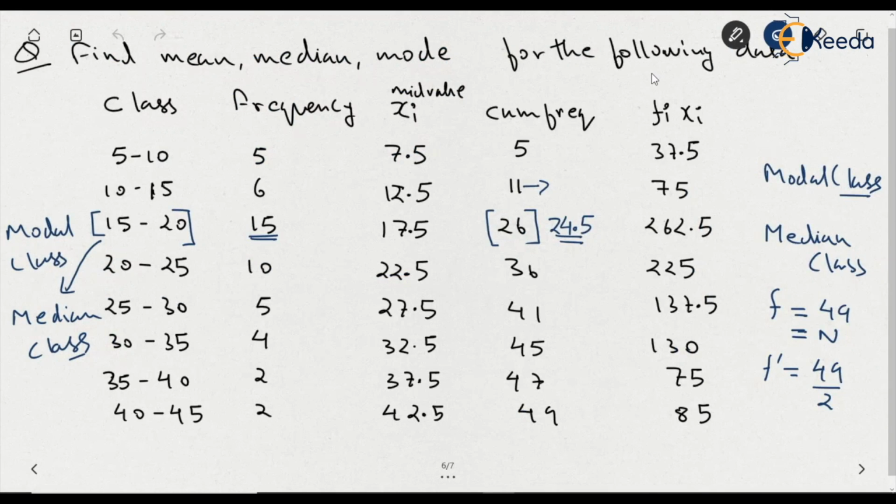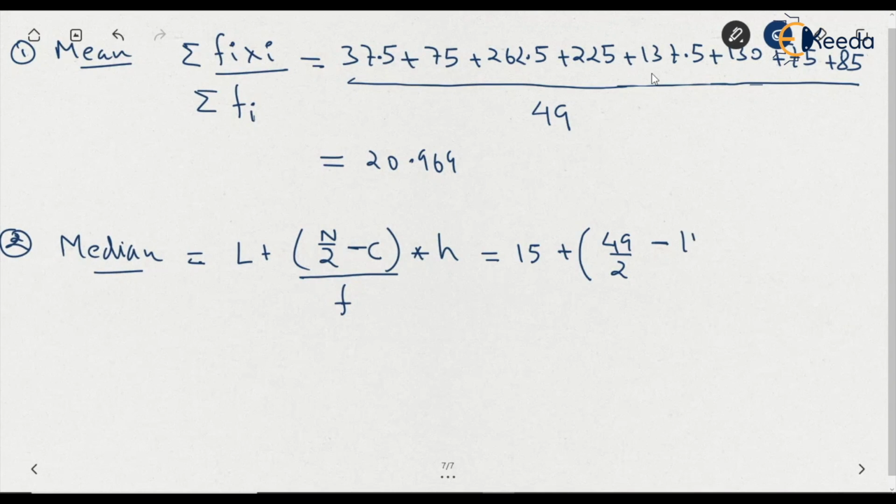So what is the preceding class? This 10 to 15 is the preceding class, and up to the preceding class, what is the cumulative frequency? It is 11. So this is going to be 11, divided by the frequency of the median class, that is 15, and width is very well known, which is 5, right?